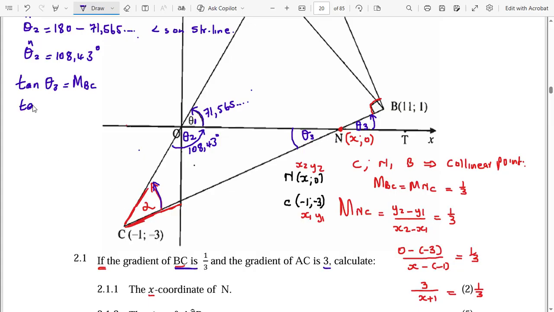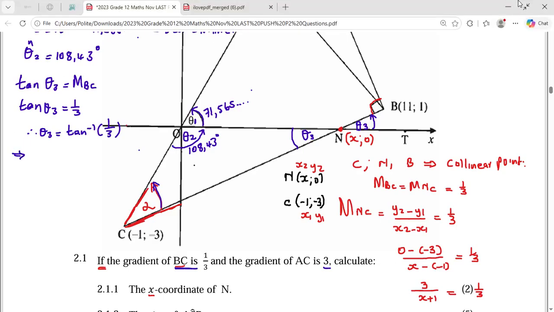This tells me that the tan of theta 3 is equal to 1 over 3. Therefore, what is theta 3 equal to? The tan inverse of 1 over 3. So what's next? I am just going to punch that on the calculator: the tan inverse of 1 over 3.